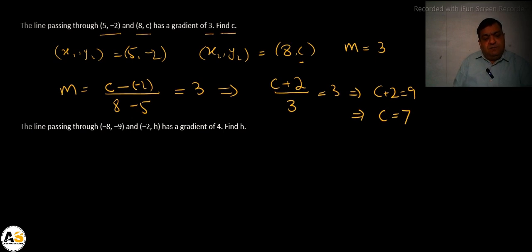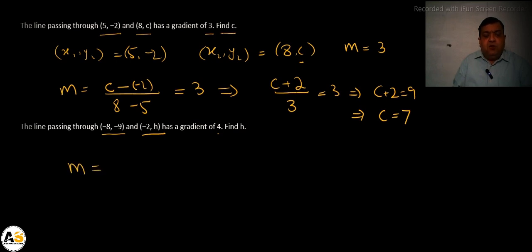A similar question to end this lesson. He again has given 2 points. The ordinate of the second point is unknown, h, and the gradient is also given. We will use the same formula.